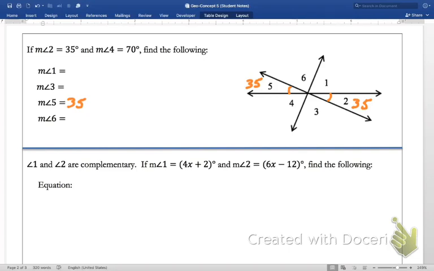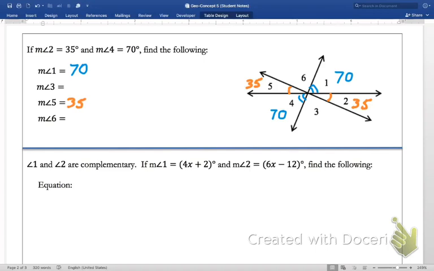And we also know that angle 4 is 70 degrees. And so, if angle 4 is 70, well, that's a vertical angle, meaning it's congruent to angle 1, so angle 1 is 70 degrees. And so what that leaves us with is 2 angles that we don't know the measure of, angle 3 and angle 6.